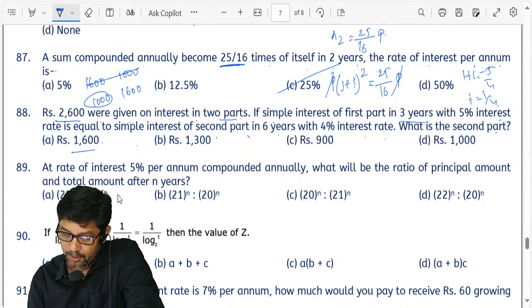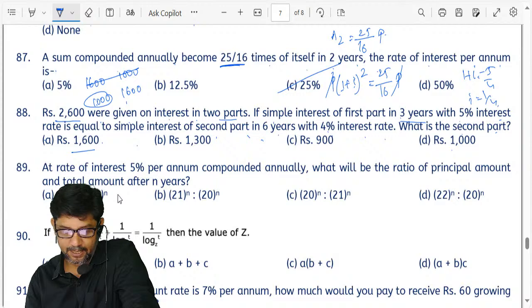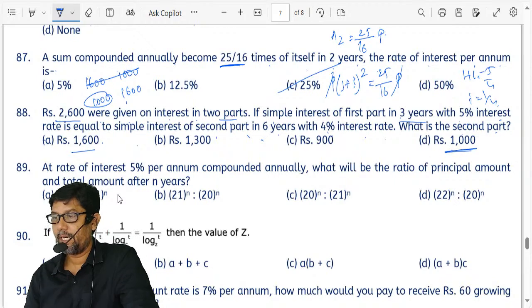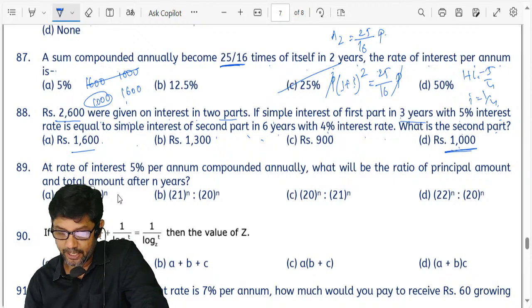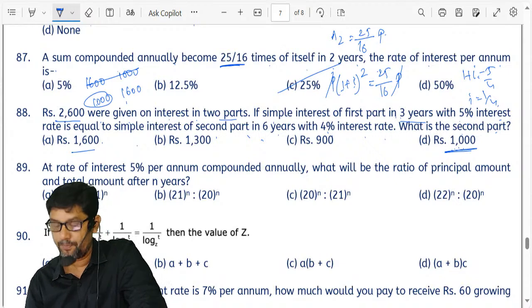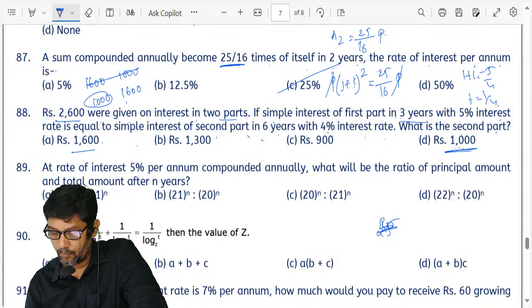First part: 1,000 into 5% into 3, plus 1,600 into 6 into 4%. Sorry, both should be equal now. I think 1,000 rupees will be the right answer, check 1,000 rupees. First one, 1,000 into 3 into 5%. What is it? 30 rupees? Oh, 150, yeah.